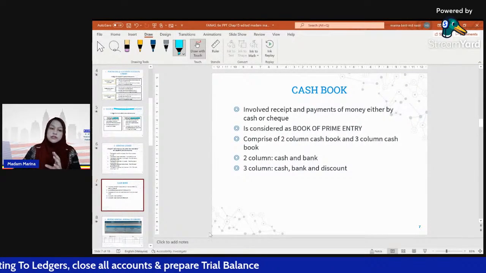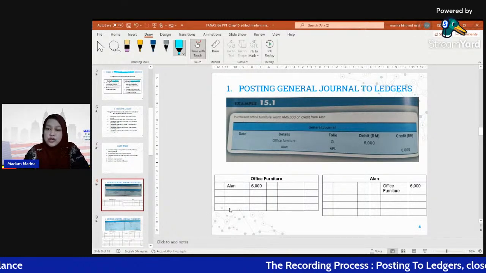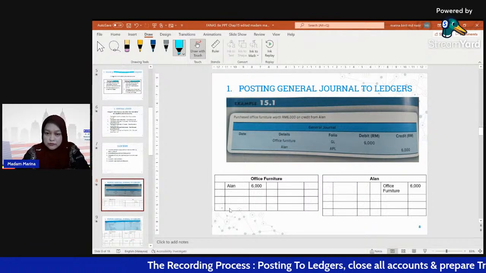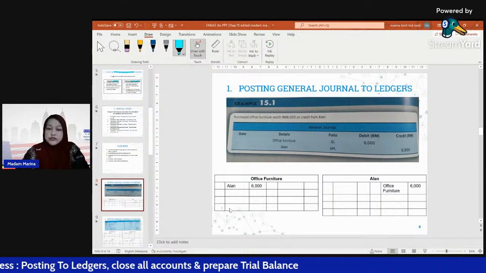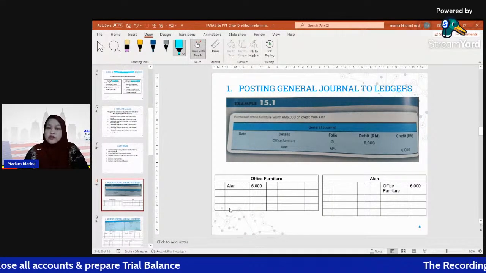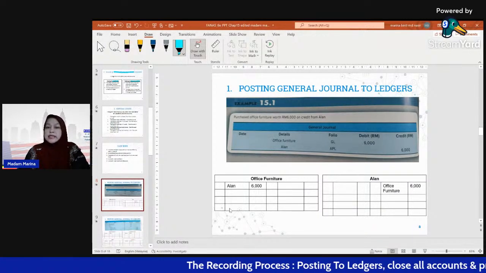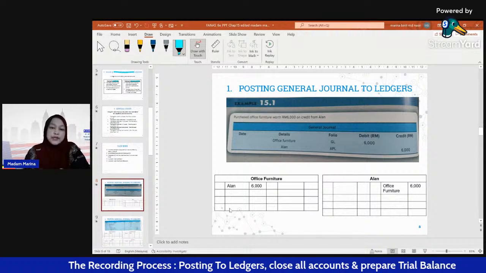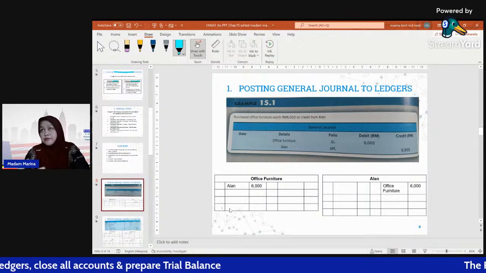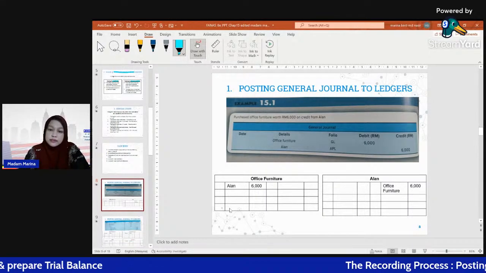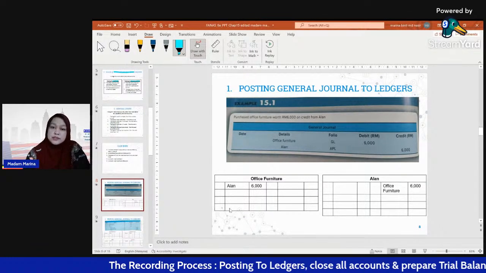Okay. So now, how do we post from the general journal to the ledger? For easier understanding, and to post all the journal entries to the ledger, I use the same example as in the previous lesson, the previous YouTube video that I explained before.